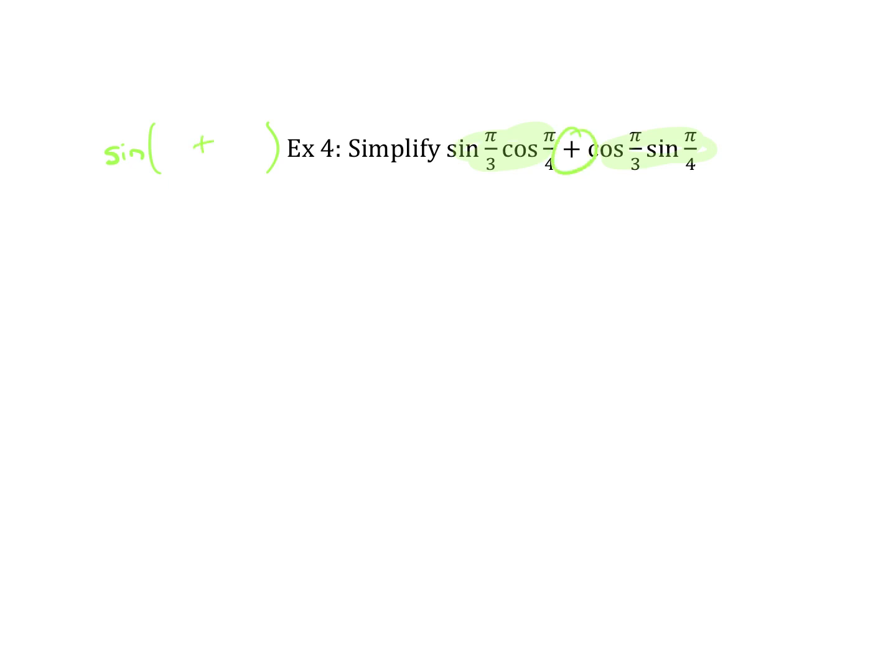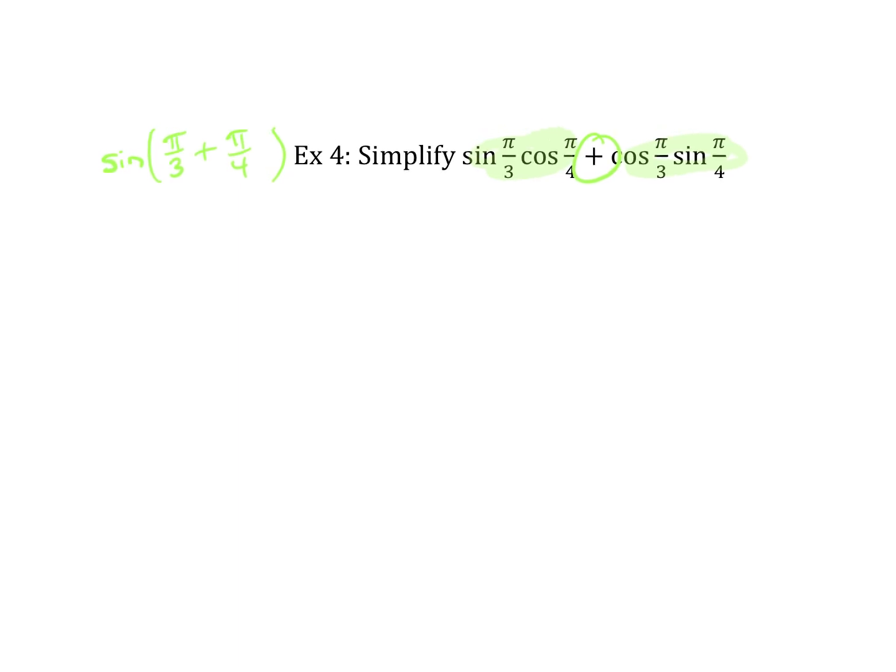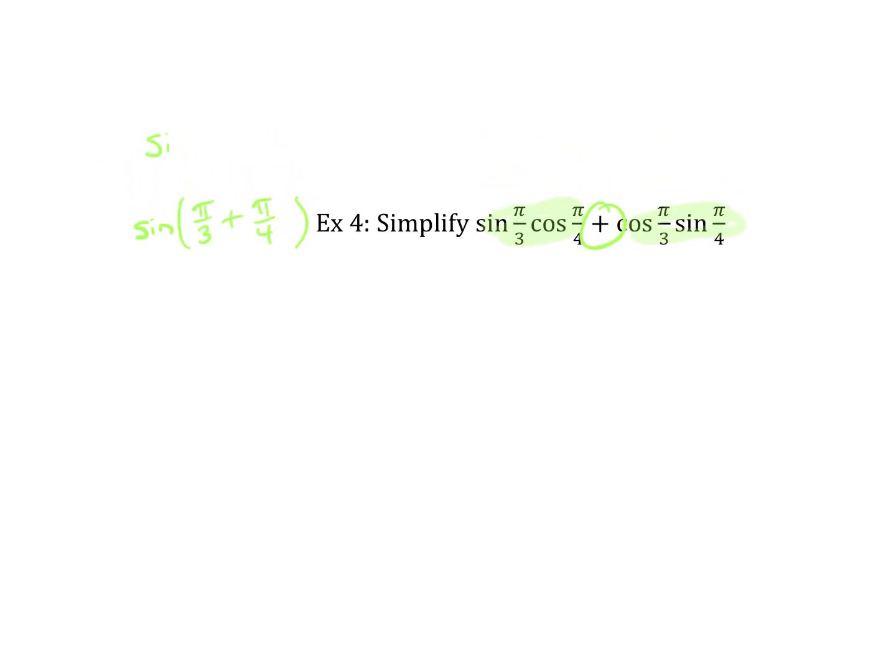We are adding, and we want to put in those angle measures, pi over 3 and pi over 4. So if we add pi over 3 plus pi over 4, and we think common denominator, then this is equivalent to 7 pi over 12. So on these, if you're given this type of thing, you can work both directions, work backwards towards the left. We're actually going to finish solving it though too. So this should give us the answer for sine of 7 pi over 12.